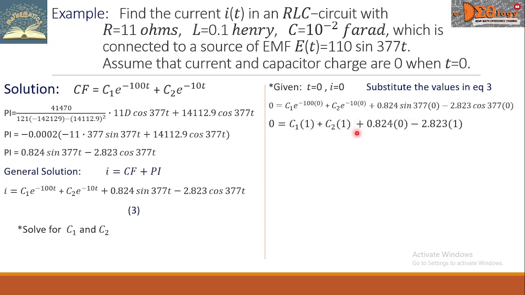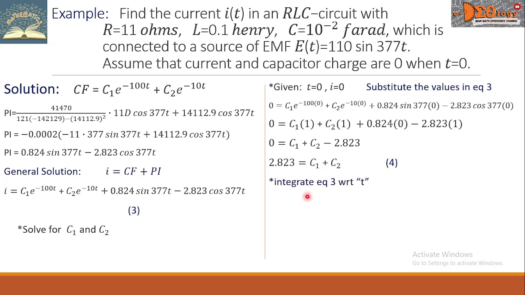Also, we can cancel this point. So 0 is equal to C sub 1 plus C sub 2 minus 2.823. We can transpose this negative constant to the left. So the equation becomes 2.823 is equal to C sub 1 plus C sub 2, and we can regard this now as equation number 4.